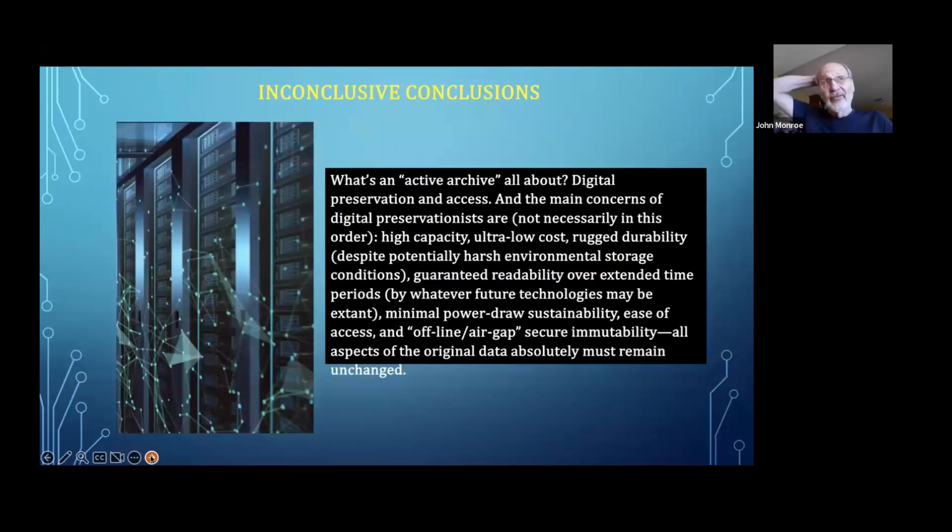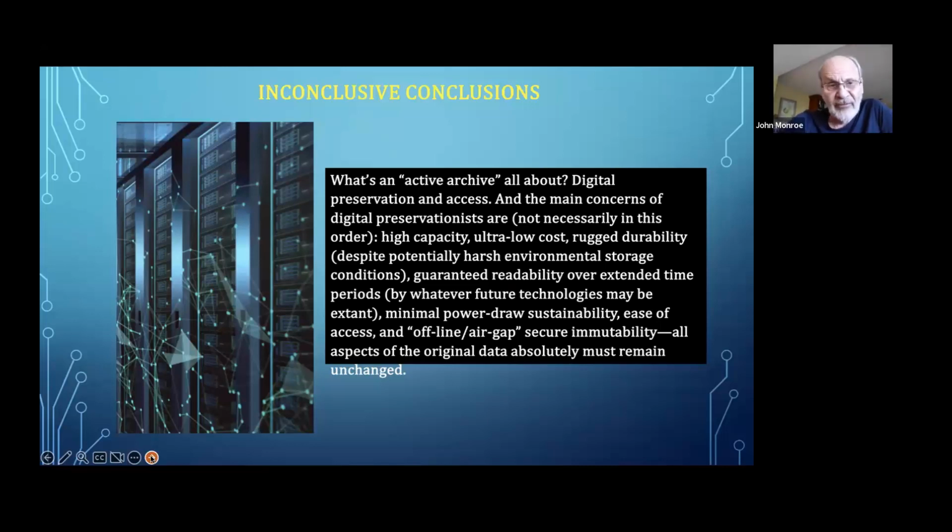Now, what is an active archive all about? It's all about digital preservation and access. And the concerns, not necessarily in this order, are fairly common. High capacity, ultra low cost, rugged durability despite perhaps challenging, potentially terrible atmospheric conditions, guaranteed readability over extended time periods. That's becoming more and more of a concern. How do you future-proof this stuff?